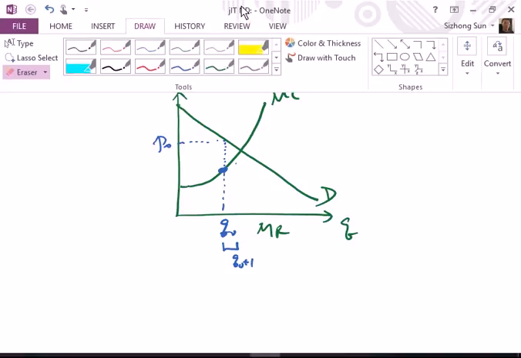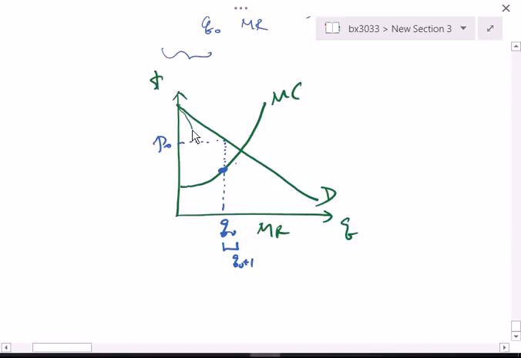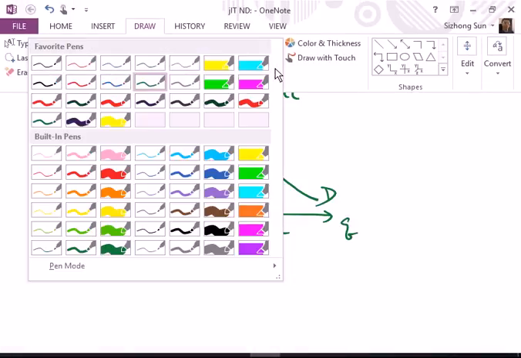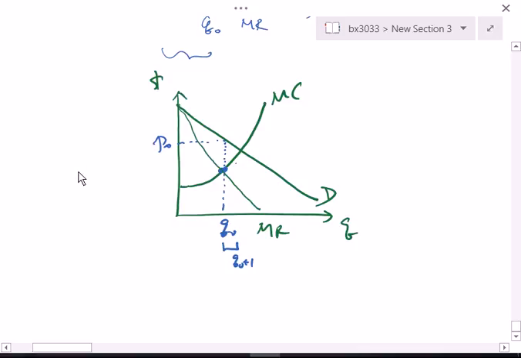Let's have a look. Okay, to produce one more unit on top of QO, the actual cost to the firm is this many.